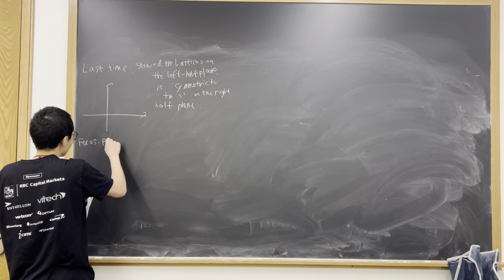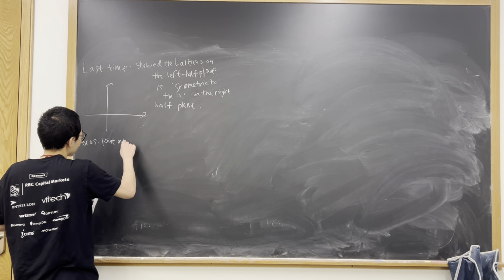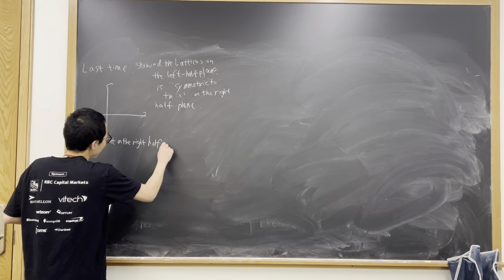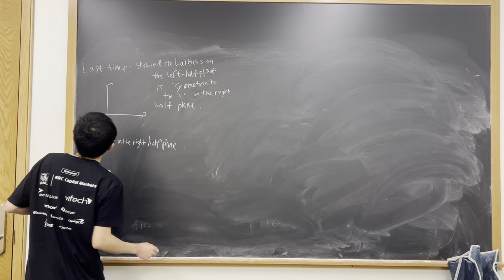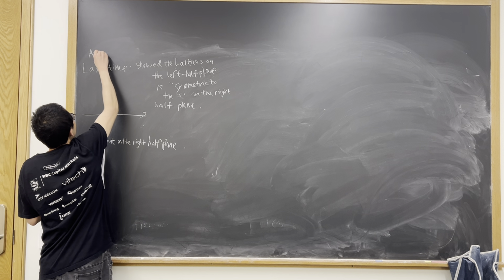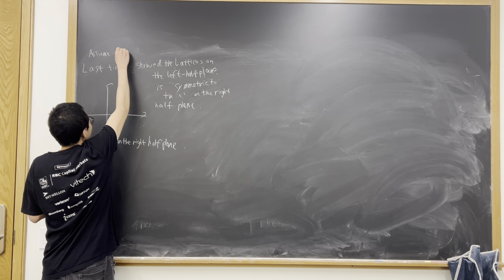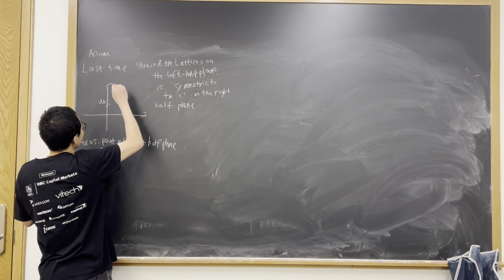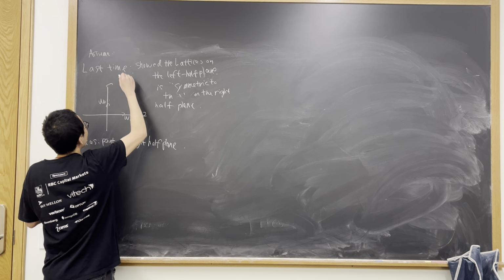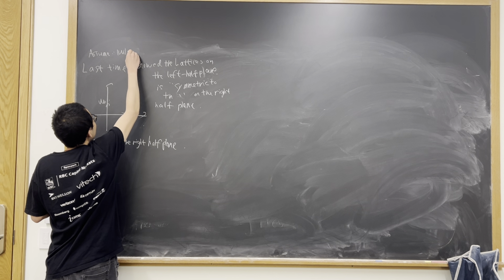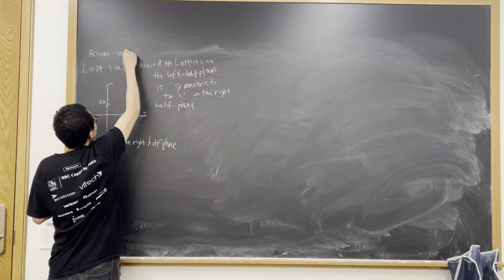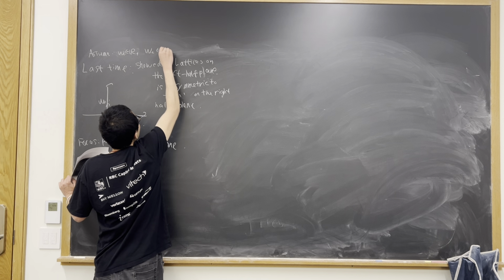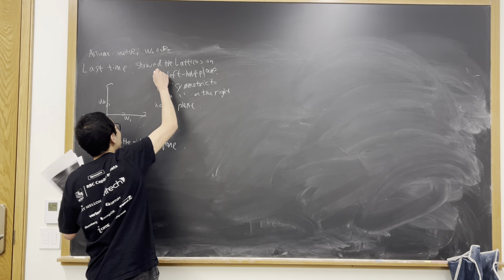So points on the right half plane. And also remember that we are under the assumption, so I have my omega 1 and this omega 2. So omega 1 is in the positive real axis, and omega 2 is in the positive imaginary axis.